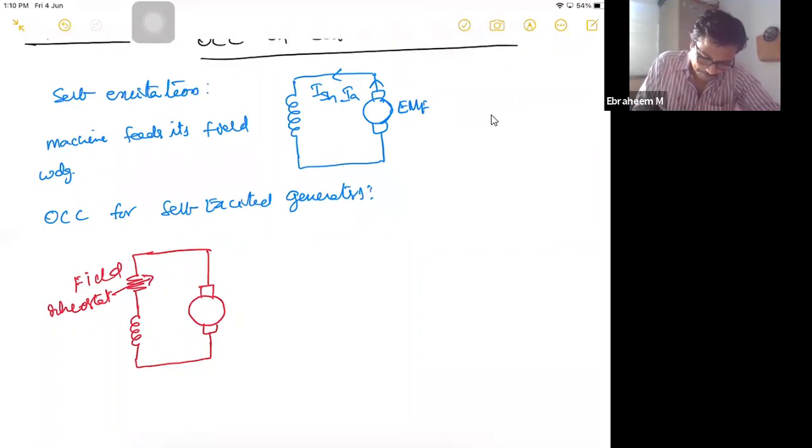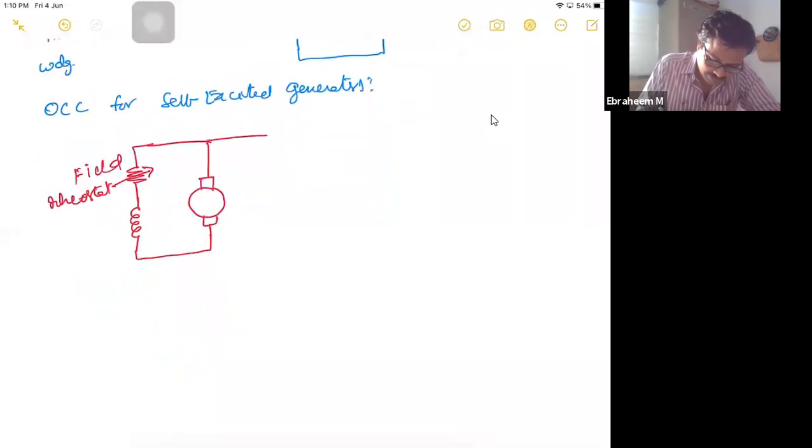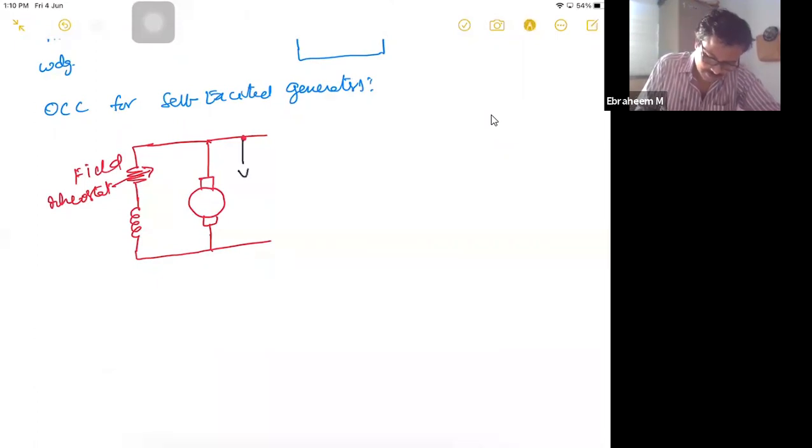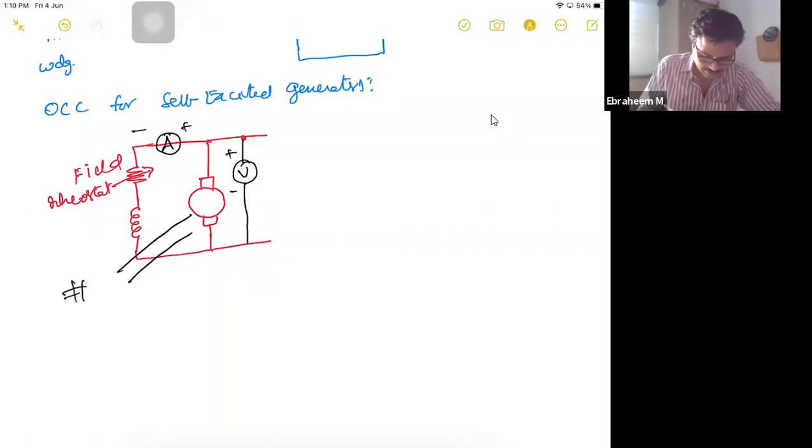Now as usual, we will measure the voltage across this armature. Not only that, we need an ammeter to measure the current, the field current, right? So this machine is given mechanical energy.